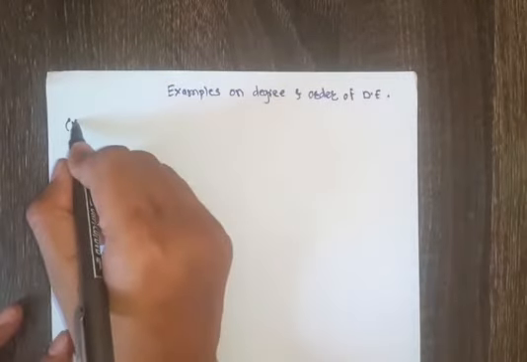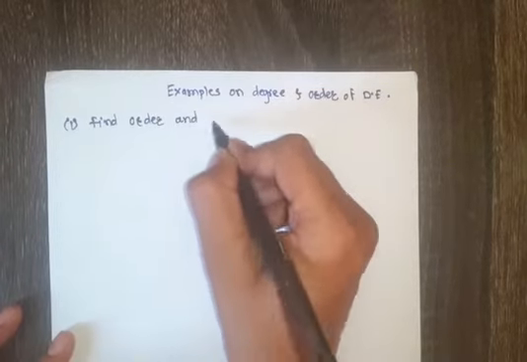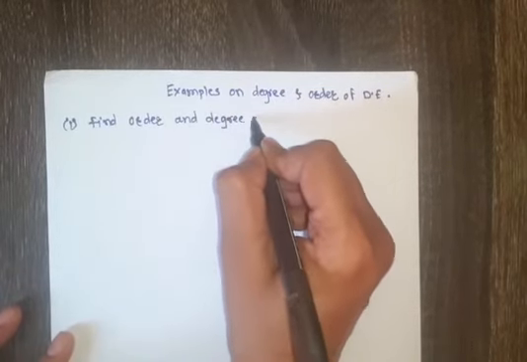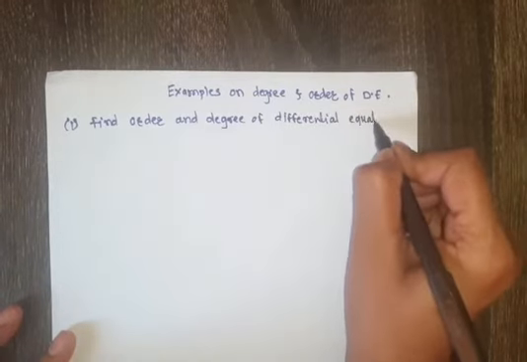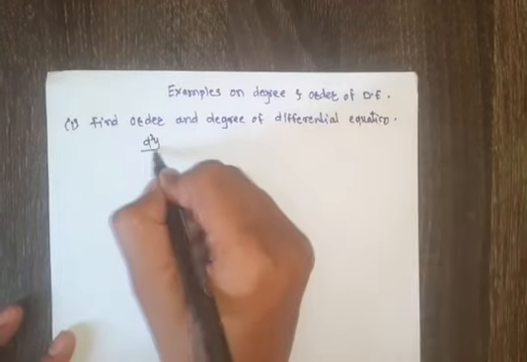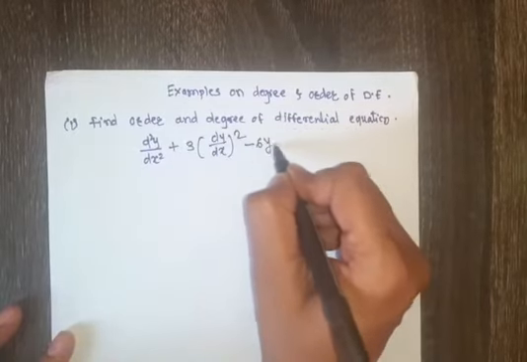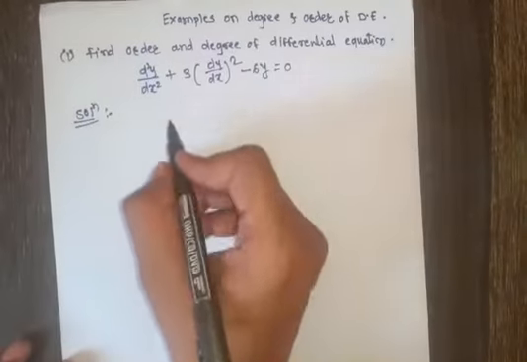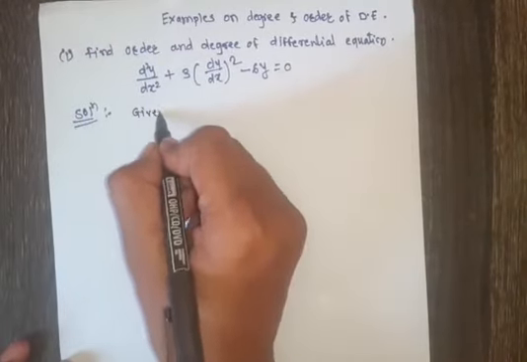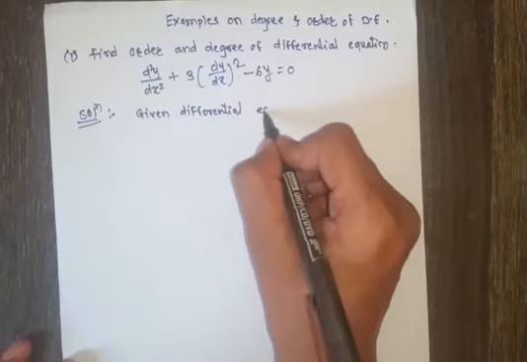The first example is find the order and degree of differential equation d2y by dx square plus 3 dy by dx whole square minus 6y equals to 0. Now in the solution, write down first of all the given differential equation.